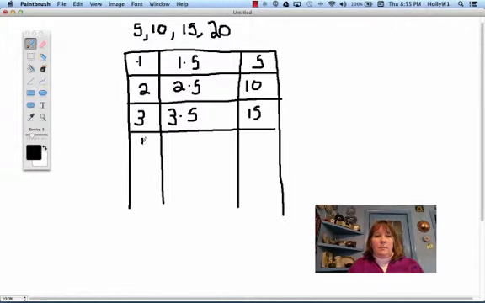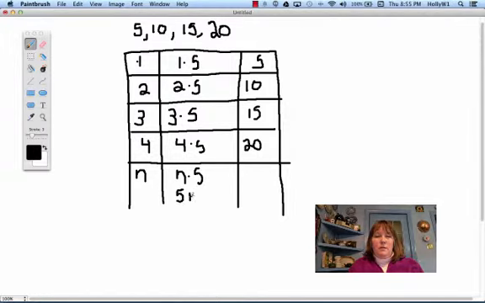The fourth week, same thing. Take the number of your sequence, multiply it by 5, you end up with 20. So the nth week ends up being n times 5, and again we traditionally write it as 5n. So that is the algebraic expression used to describe this sequence of numbers.